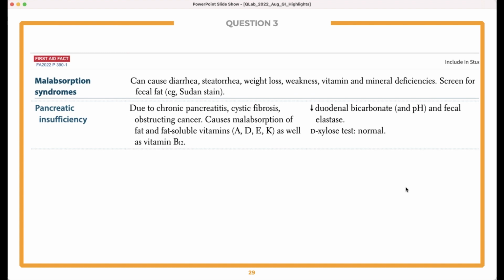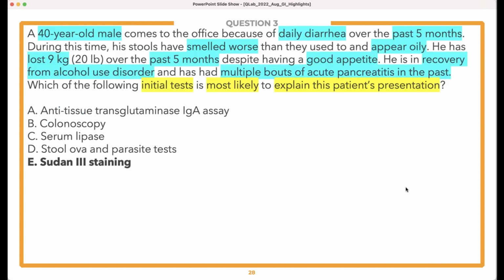So if we go back to our question, hopefully you can see now that answer choice E is the best answer. D is a good thought to assess for a parasitic infection, but nothing really in the history to suggest that. Serum lipase would be used to diagnose acute pancreatitis, not chronic pancreatitis.